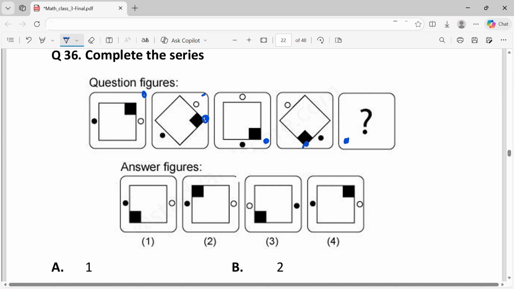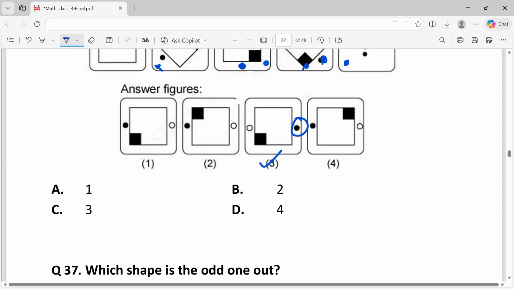Okay, and the black ball is rotating from here to the bottom left corner, to the bottom center, to the bottom right corner, and next will be on the right center, which is here. So the answer is 3, which is C.